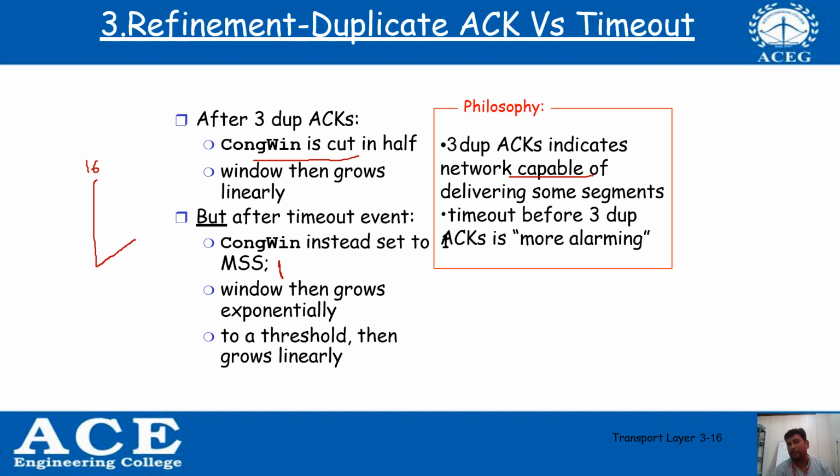Finally, after reaching half of the congestion window, it will be increasing linearly. So here you adapt slow start, whereas in the first case we are adapting additive increase and multiplicative decrease. So these are the various ways in which we are trying to handle our congestion using TCP. TCP Tahoe will be using additive increase, whereas TCP Reno will be implementing our TCP slow start mechanisms.